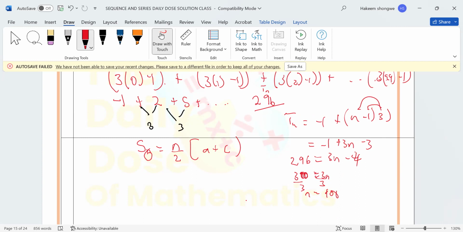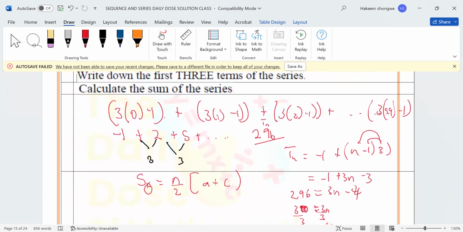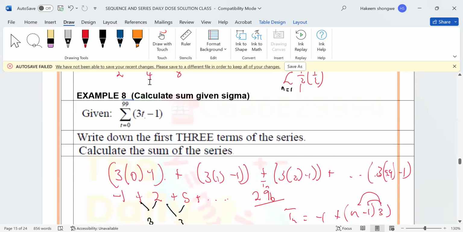Now, what is the simplest way in which this could have been done? It is for you to say this. You go on your sigma notation. On your sigma notation, you have whatever is written on the top. So the number of terms, which is n. It's just confusing if they start to use n and n here, because now you don't know which n is which. So how do you get the number of terms? Number of terms is the top one.